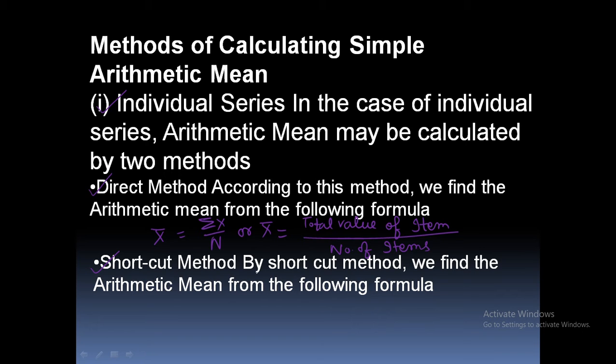And in shortcut method, we find arithmetic mean from the following formula. Mean is equal to A plus sigma d over n. Here x bar represents the arithmetic mean. A means assumed average or assumed mean.